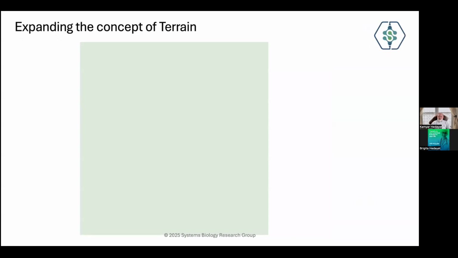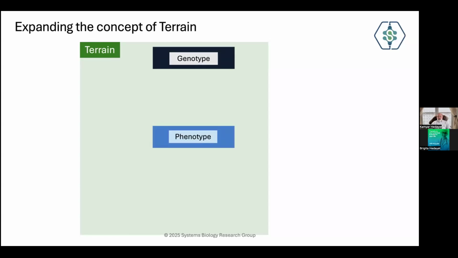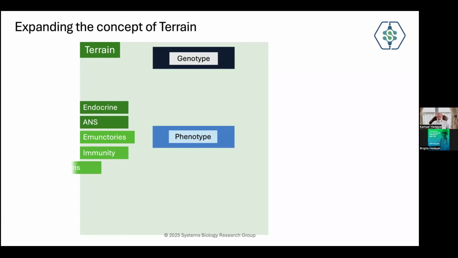With this concept of cosmobiology, we can expand the notion of terrain. So we have the genotype as the foundation of the encoded messages and actions of life that are expressed as a phenotype. And then we have what we talked about in the first hour, which is the triad of the endocrine system, the autonomic nervous system, the emunctories to manage metabolism and the metabolic capabilities that are expressed through our phenotypic reality.